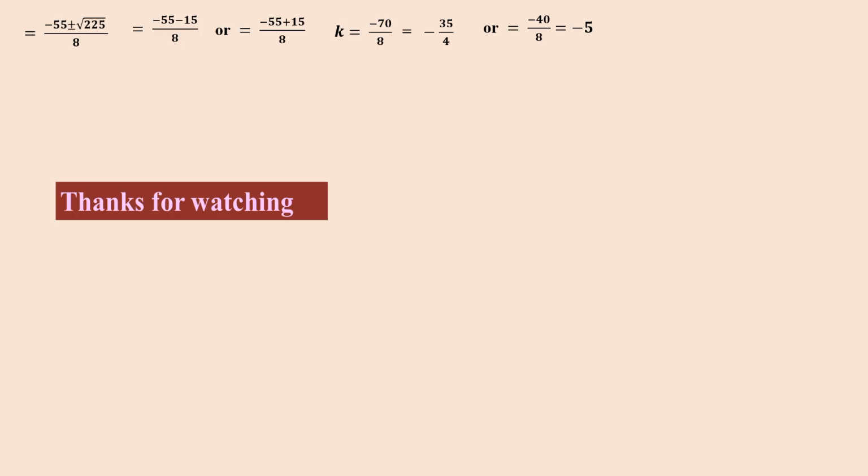That is (−55 − 15) by 8 or (−55 + 15) by 8, right? So we will get two values, right? −70 by 8 or −40 by 8. After simplification we will get −35 by 4 or −5, that is the value, right? Thanks.